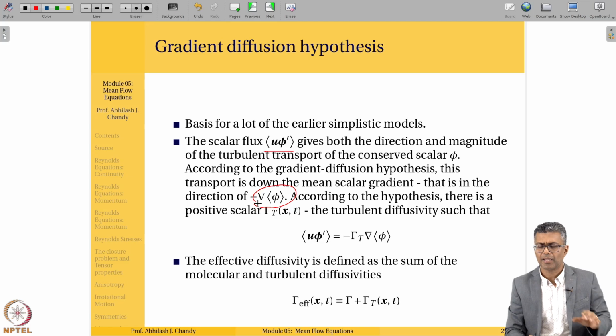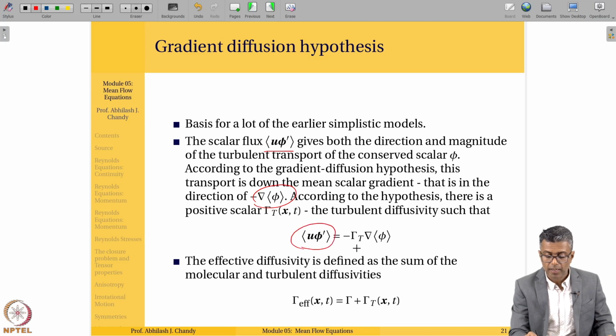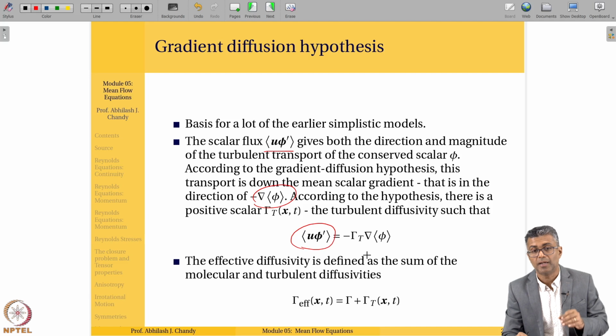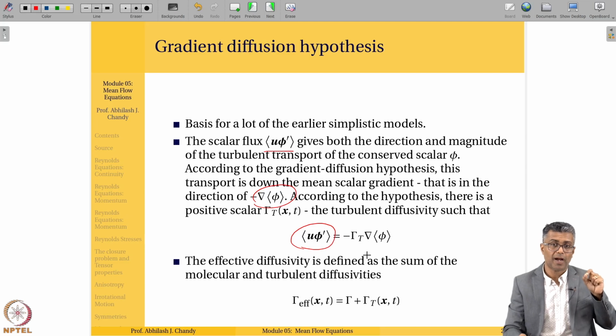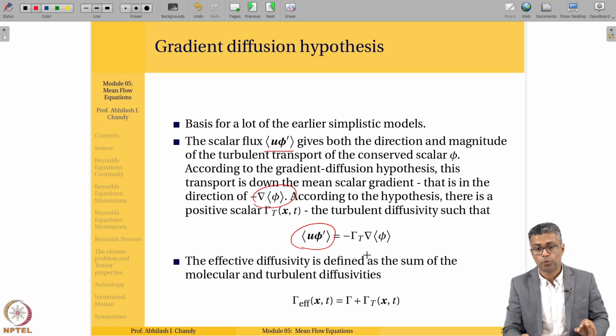What we are saying, and we discussed this briefly when we talked about the discussion in Tennekes and Lumley's book, is that the mean of u prime phi prime is minus gamma t times the gradient of the mean scalar, indicating that it is a turbulent diffusivity, not the same as the thermal diffusivity we had earlier. It is a turbulent diffusivity, meaning it is a flow property, not a molecular property, not a fluid property. So turbulent diffusivity times the gradient of the scalar.